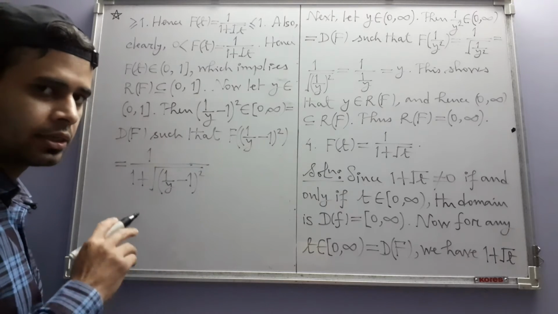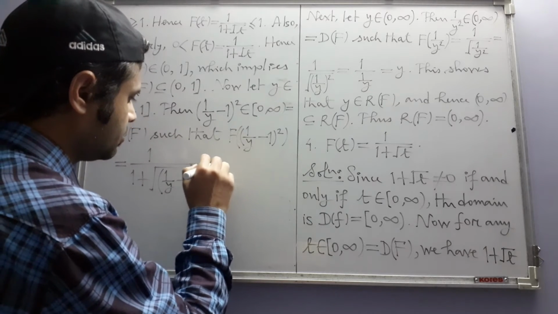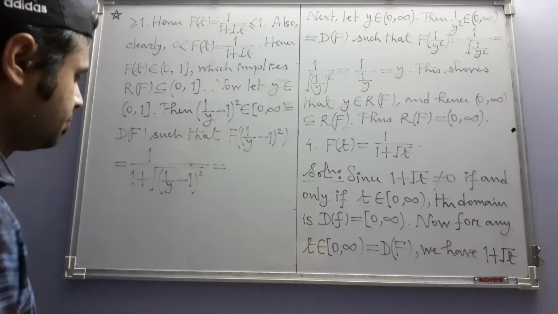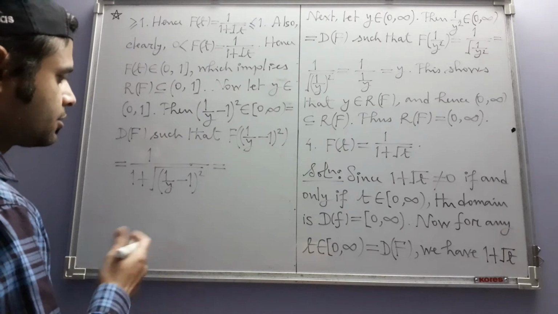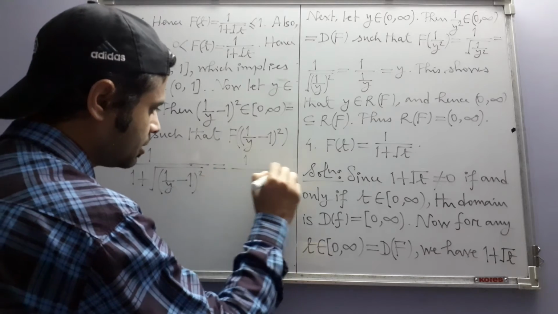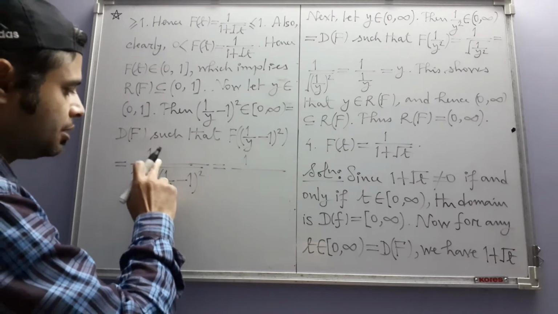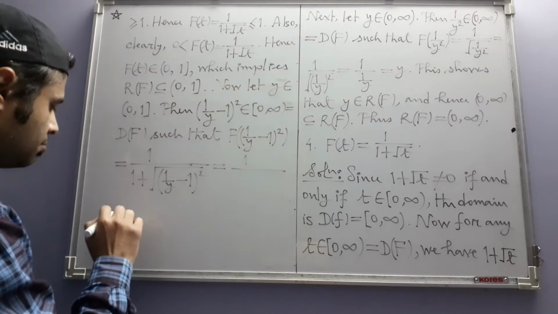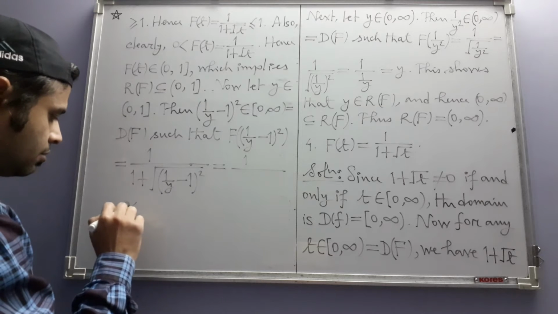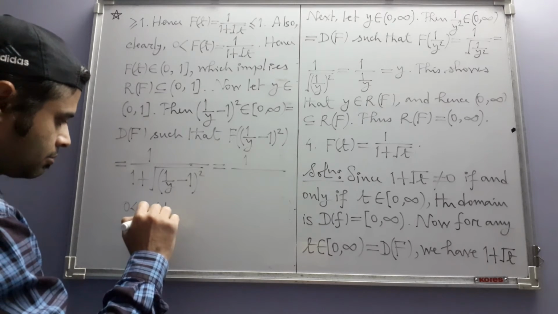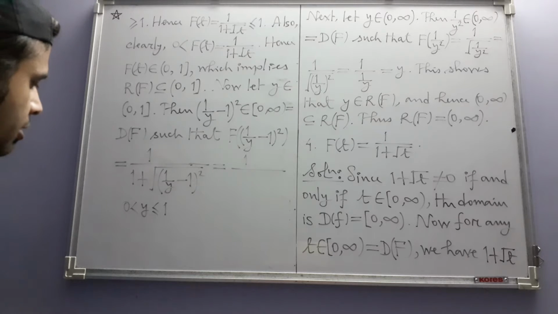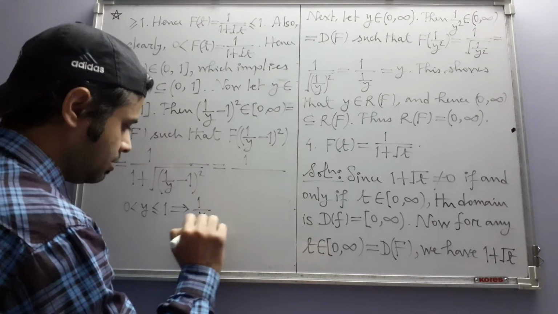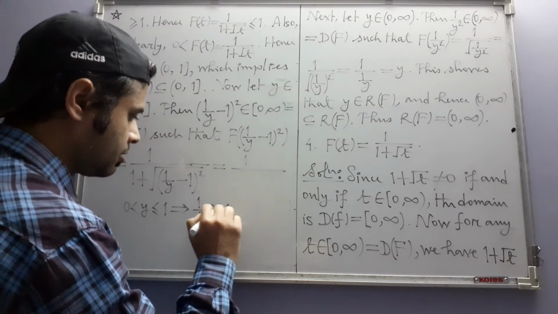Always be careful when cancelling square and square root. The number that you ultimately will write has to be a non-negative real number. So it's now time to decide which one of the two possibilities it will be. Will it be 1 over y minus 1 or 1 minus 1 over y? Let's look at the place where y is coming from. Y is satisfying these inequalities, so that means 1 over y is greater than or equal to 1.